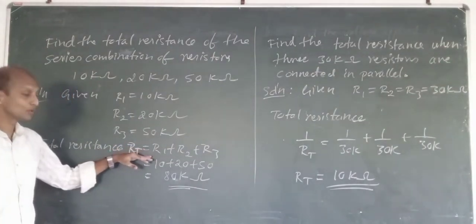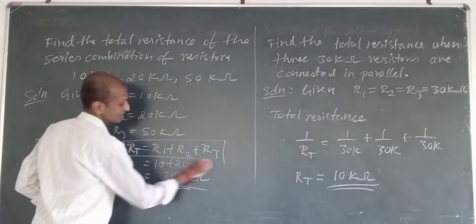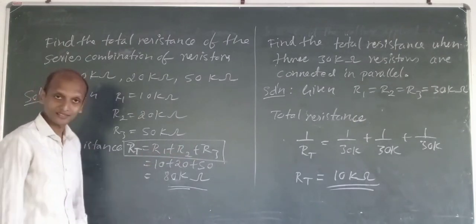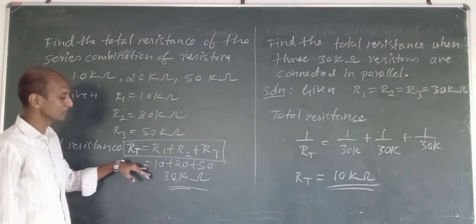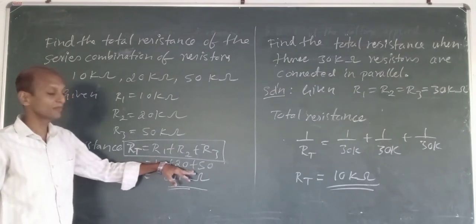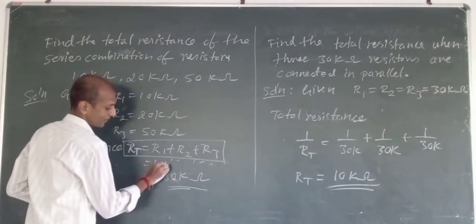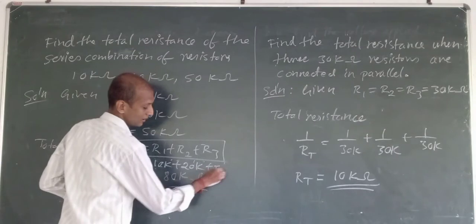what? When resistors are connected in series, we have this formula. RT, the total resistance, is equal to the sum of all the resistances, isn't it? So RT is equal to R1 plus R2 plus R3, that is equal to 10 kilo plus 20 kilo plus 50 kilo.